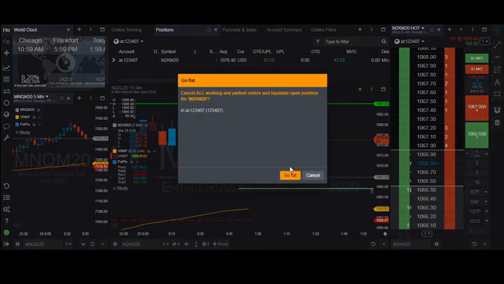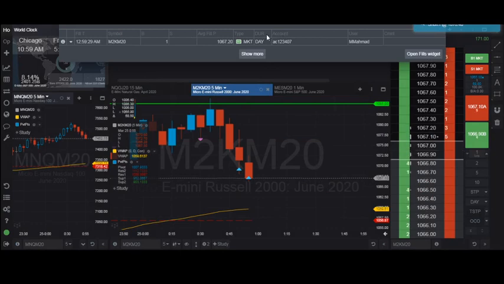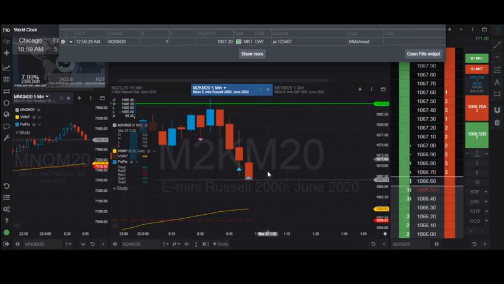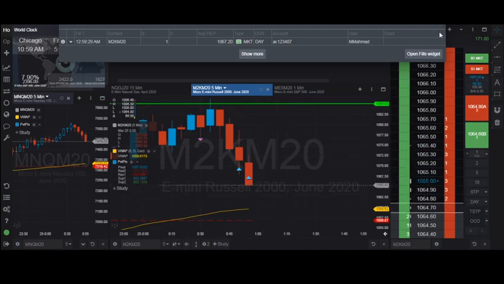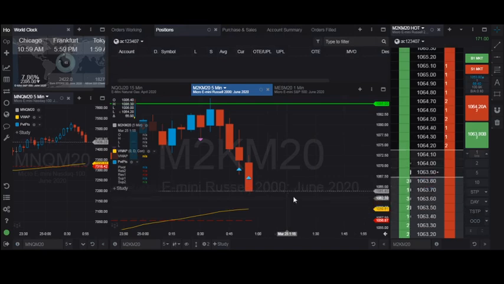I will go flat because I'm satisfied with the current situation, which is 47.50. So we exit at 1067.20. The entry is 76, so it should be around 9 points for this second trade. So I will total up the profit or the points we have. Okay, now it starts to move towards our target, so it was a good one.